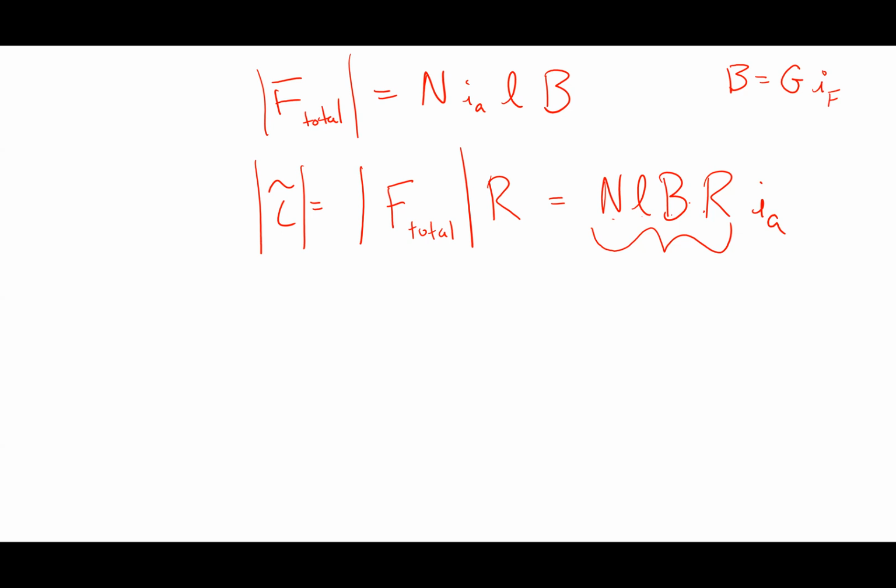Now, I F could change, so B could change. You don't change the radius while you're operating. You don't change the length while you're operating. You don't change the number of turns while you're operating. If I look at the motor I had right here, am I ever changing the B field on this one? No, it's got magnets, so I can't change anything about the B field on this one.